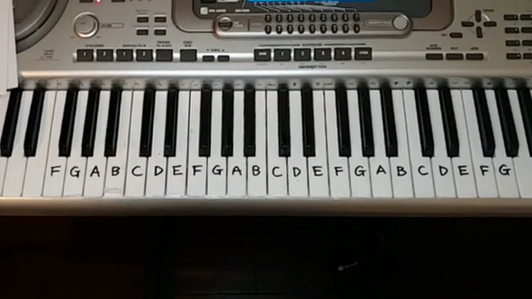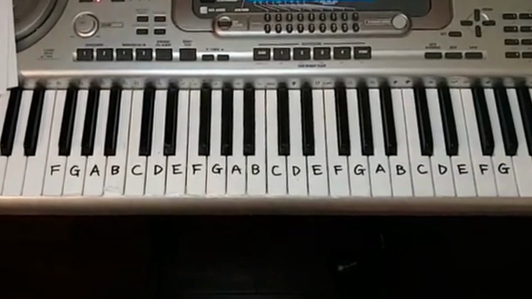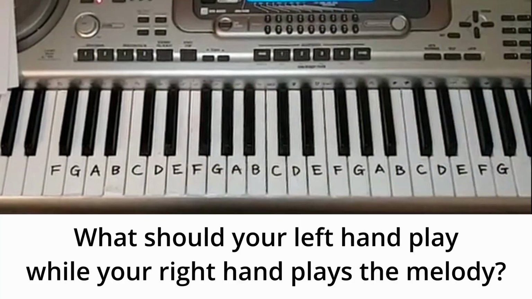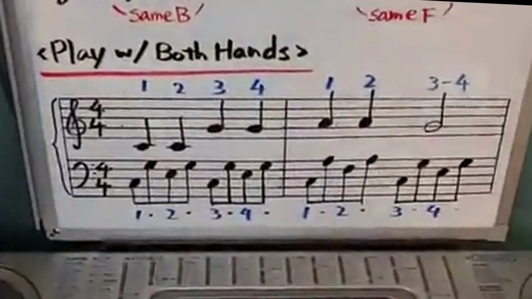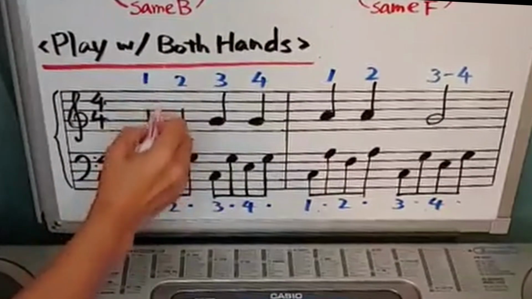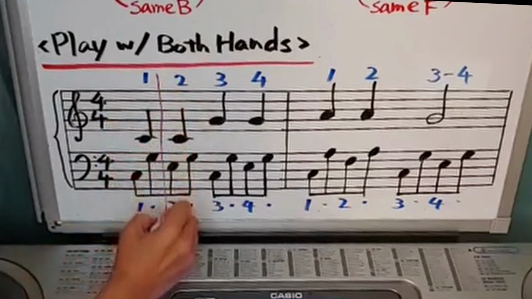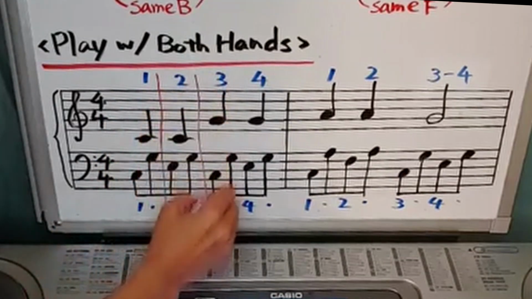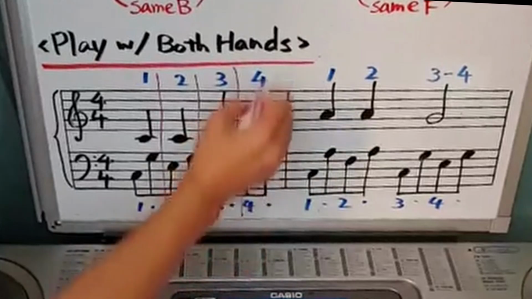What I recommend in the beginning is that you want to know, while the right hand is playing, what your left hand is playing. So I would even break down the score by each beat: 1, 2, 3, 4.